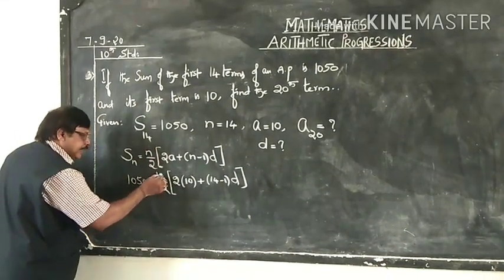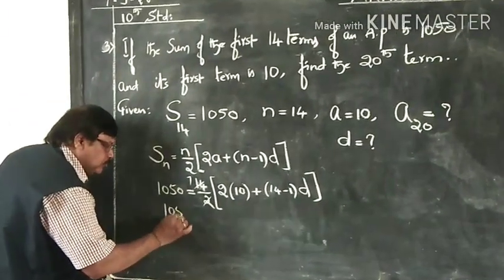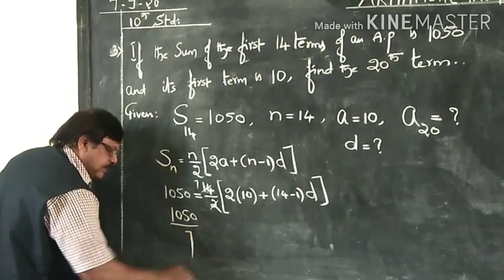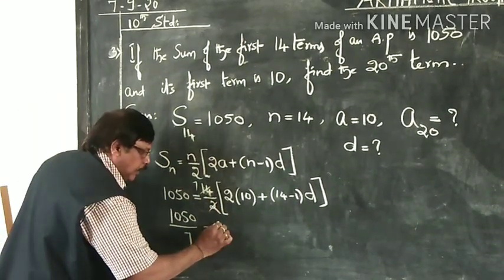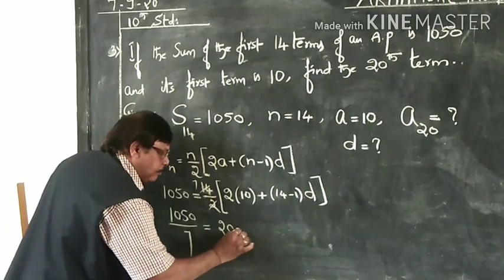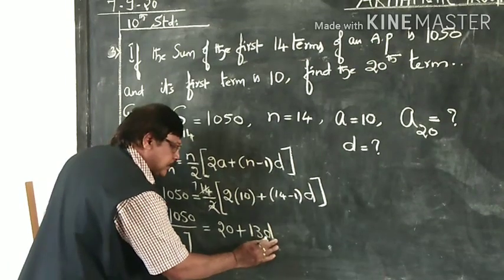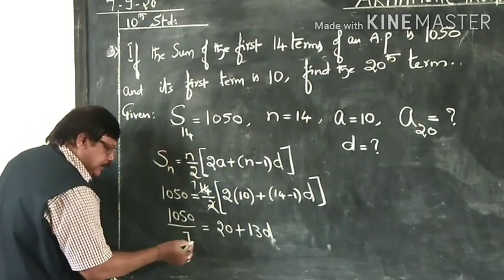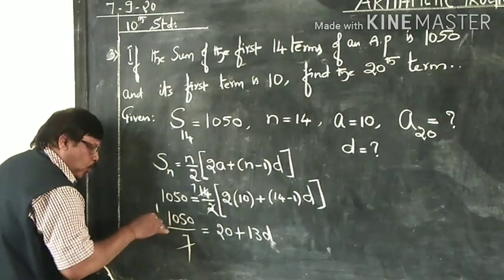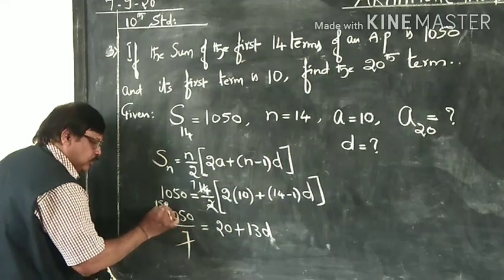So here 14 by 2 is 7, so 1050 divided by 7 by cross multiplication is 20 plus 13d. 7 ones are 7, 7 fives are 35, and 0, so 150.